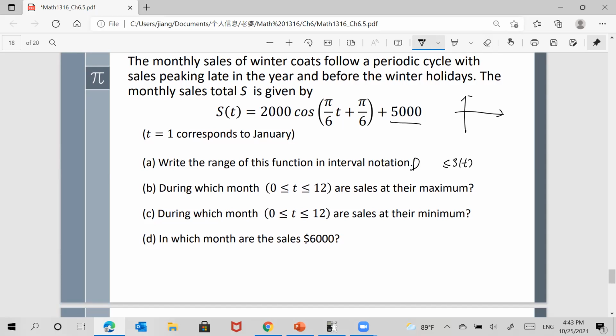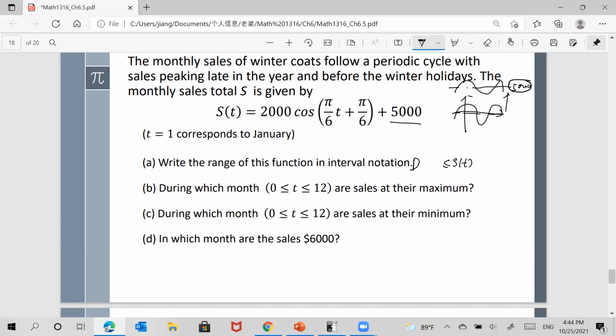Because before, cosine is like this, and then we move it up 5,000 units, go to the top. It's not like this. For example, this line becomes 5,000.